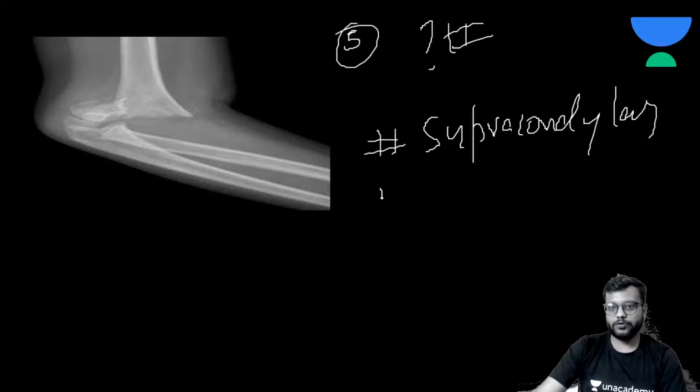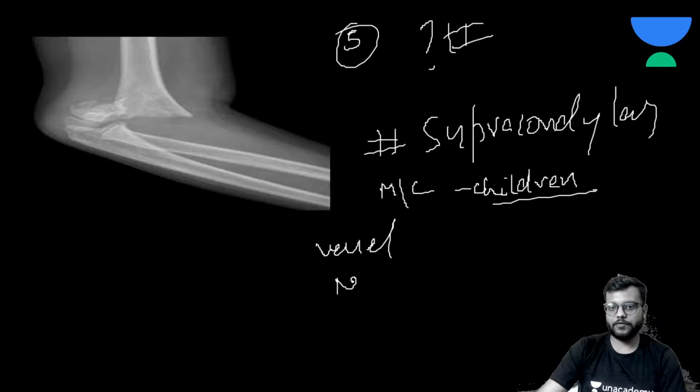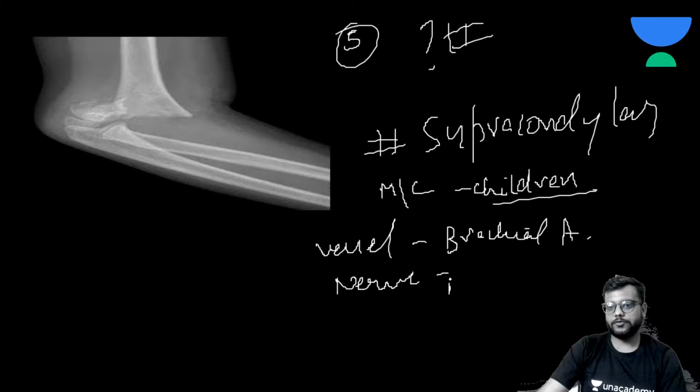This is the most common elbow fracture, especially in children, and it is a very serious fracture due to vessels and nerve injury involved. Okay, the vessel is brachial artery most commonly, and the nerve is most commonly median nerve, followed by radial nerve.